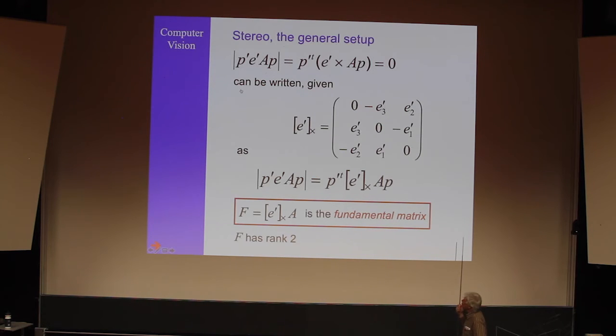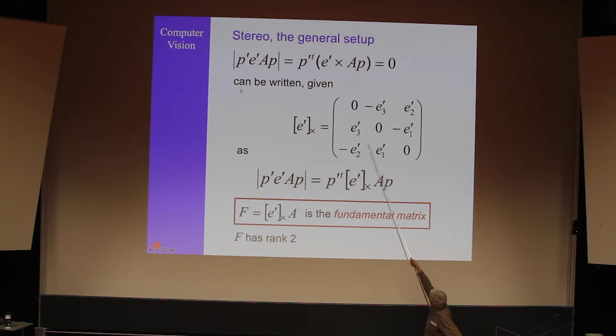So F is a product of 3 by 3 matrices, and is itself also a 3 by 3 matrix. But it's not a general 3 by 3 matrix. It has to have rank 2, so that's an important constraint. And how to prove that? Well, you can see that the determinant of E prime x, the determinant of that matrix, vanishes. It's 0.